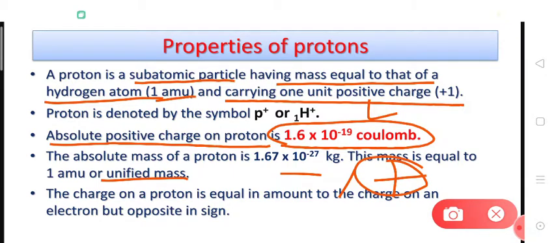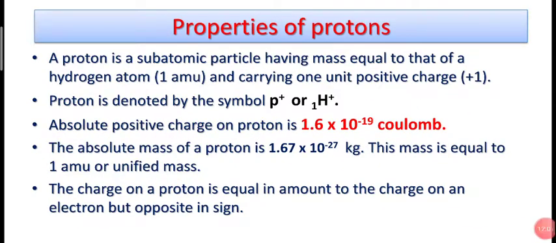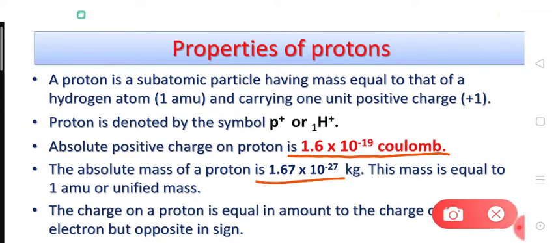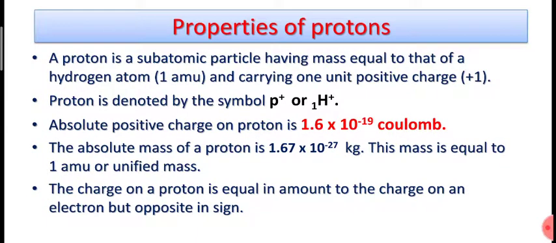Now the absolute mass of a proton is actually 1.67 into 10 to the power minus 27 kilogram, and this is equal to 1 amu or unified mass.